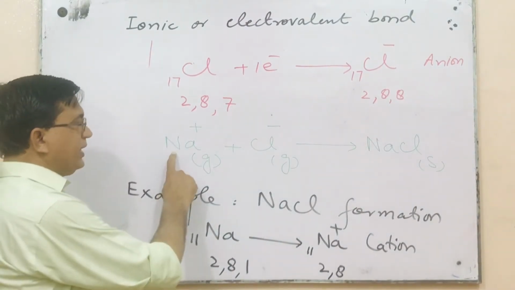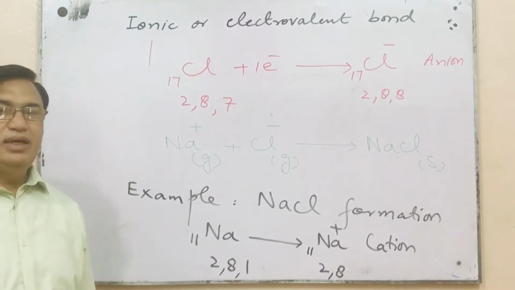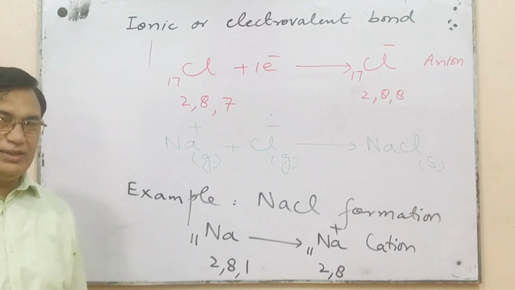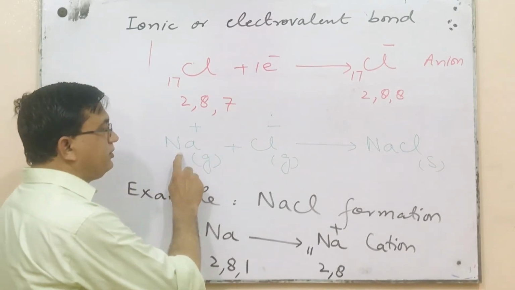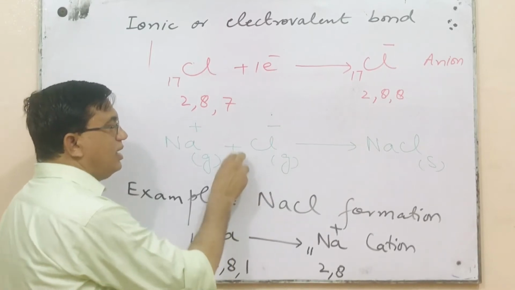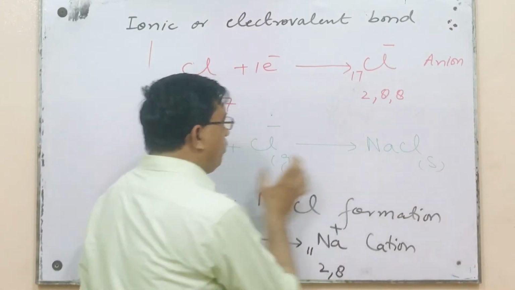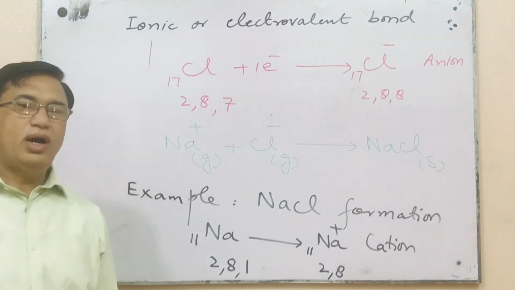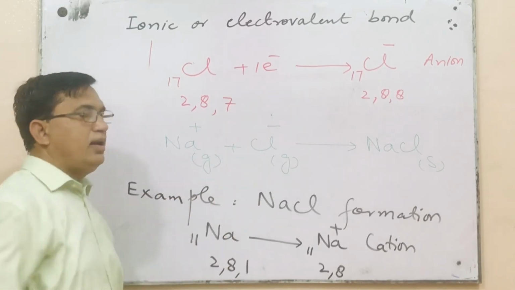The force of attraction between these charges will be called electrostatic force of attraction. Now, the electrostatic force of attraction between positively charged cation and negatively charged anion is called ionic bonding, and sodium chloride is formed as a result of ionic bond between cation and anion.